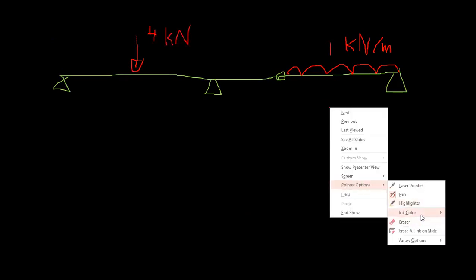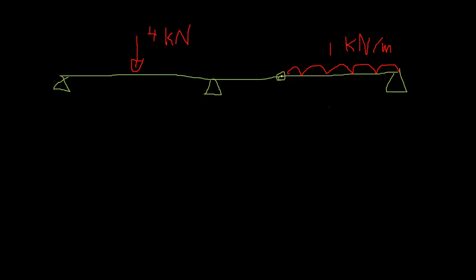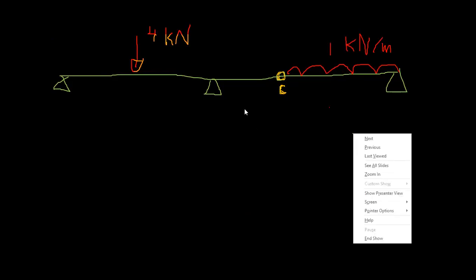So we will apply a load like this, right? Let's call it 1 kilonewton per meter, right? So we will apply 4 kilonewtons here. There's a hinge here. Let's call this C, right?